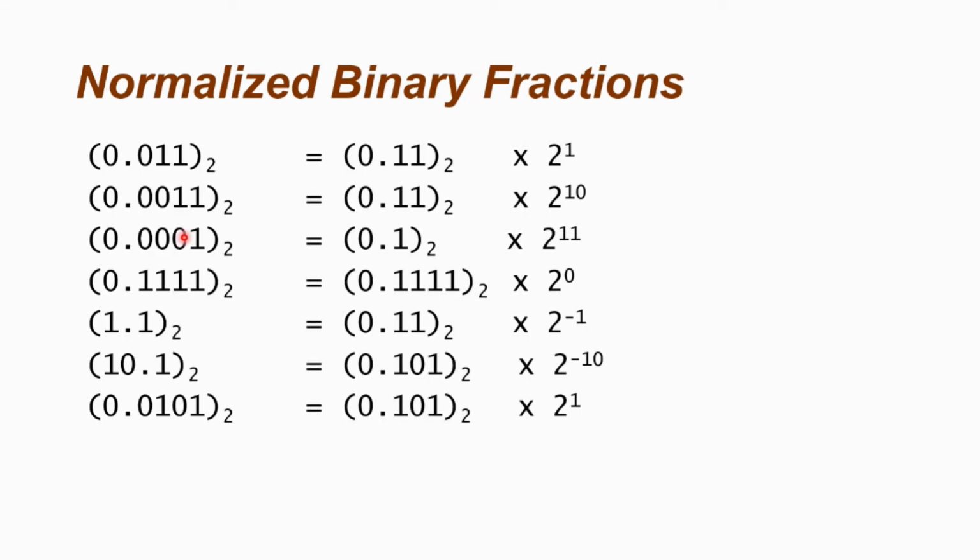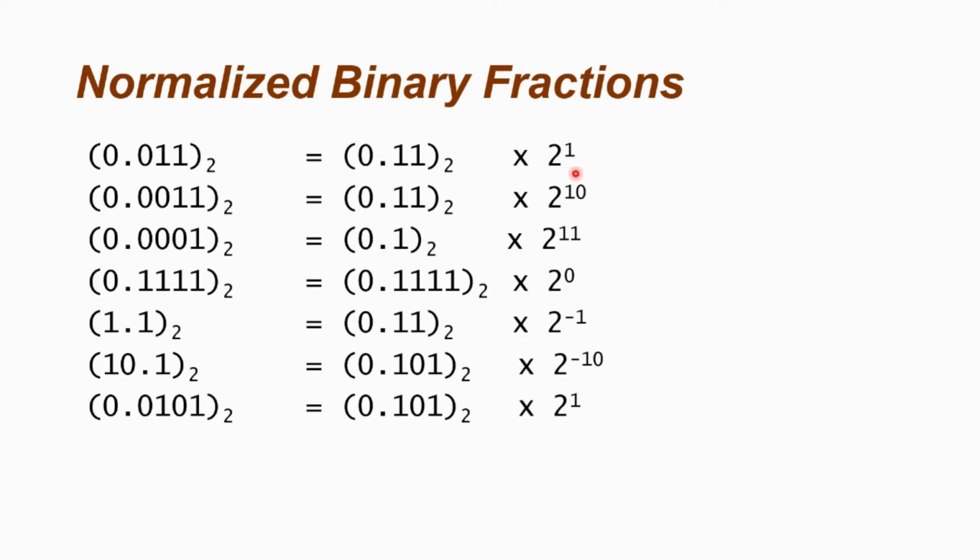Now let's look at how we can represent binary fractions in the normalized form. Once again, we use the same rule that all the digits to the left of the decimal point should be 0, and the first digit after the decimal point should be non-zero. So 0.011 converts to 0.11 into 2 to the power 1. 0.0011 converts to 0.11, 2 to the power 10.